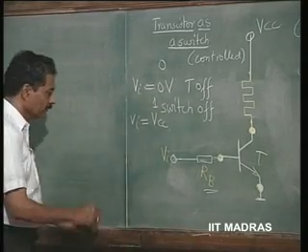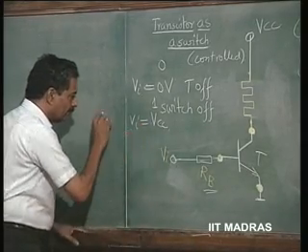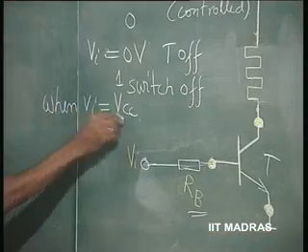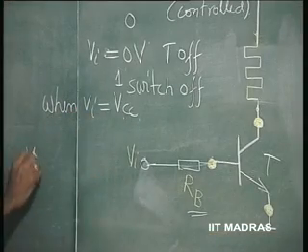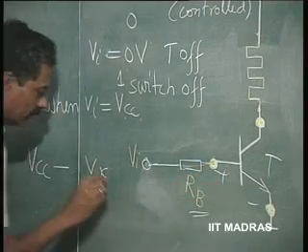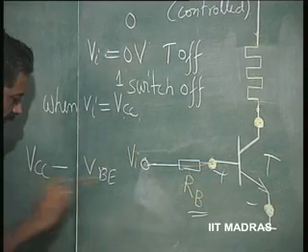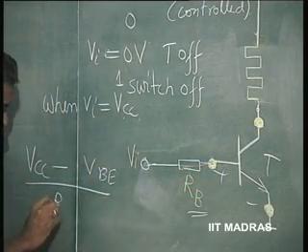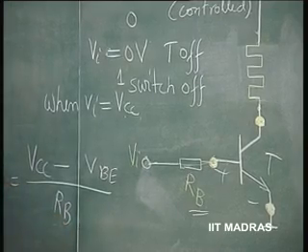What is the current now? So, when Vi is equal to VCC, the current is going to be VCC minus V gamma, which is nothing but VBE, divided by RB, that is the base current.